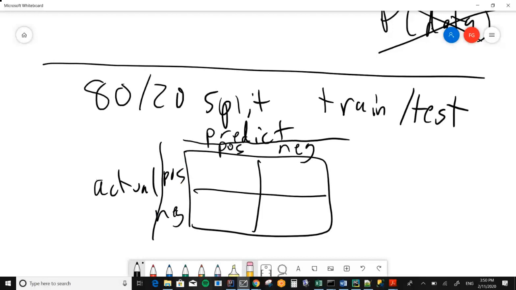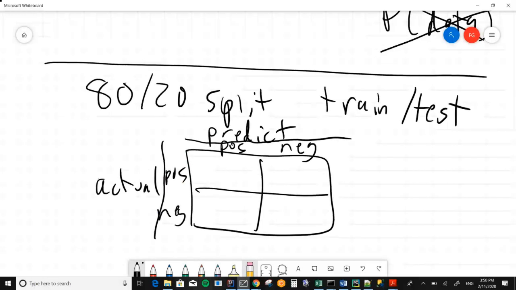So what are we talking about here? Your algorithm makes a positive or negative prediction for every test sample. When it makes a positive prediction, sometimes the actual will have also been positive, and that gives us a count in this corner. Sometimes actual is negative. So this is an example of a false positive.